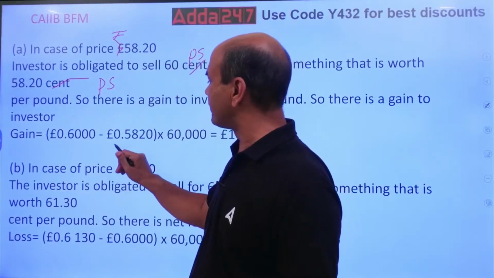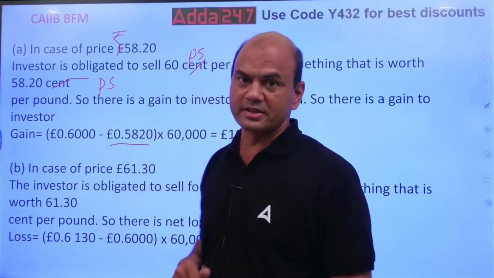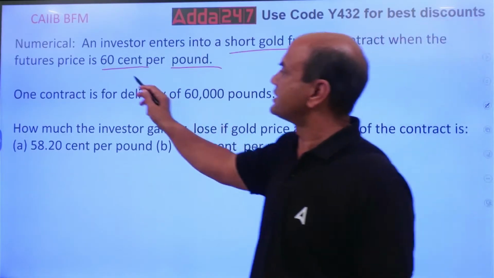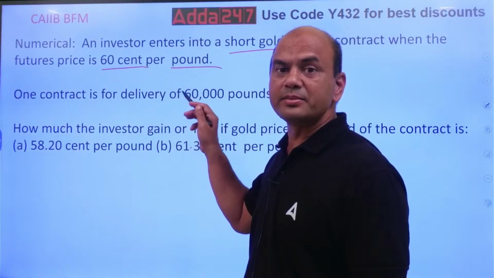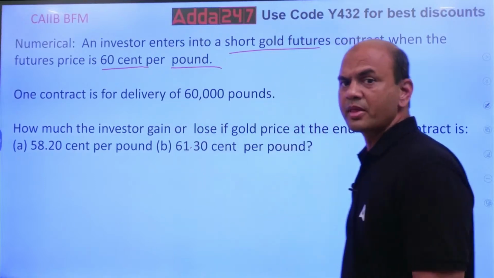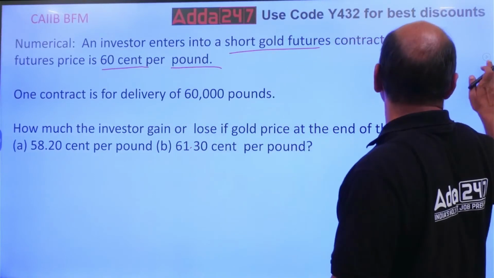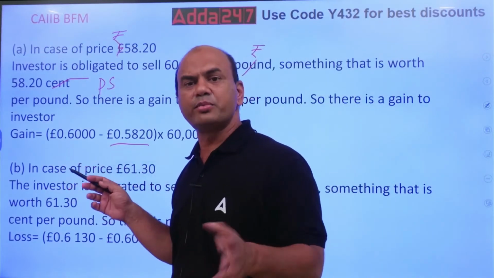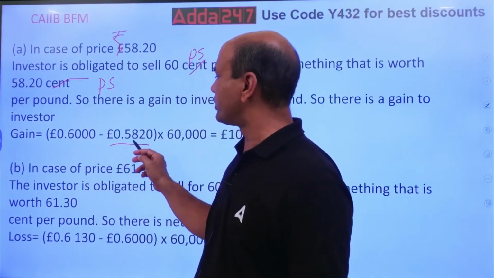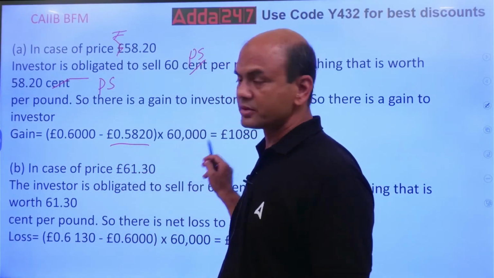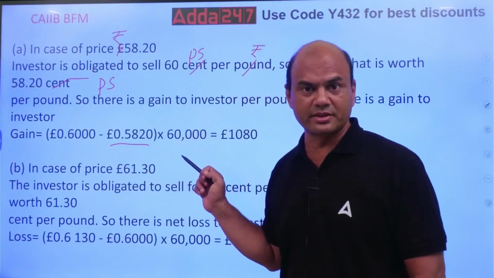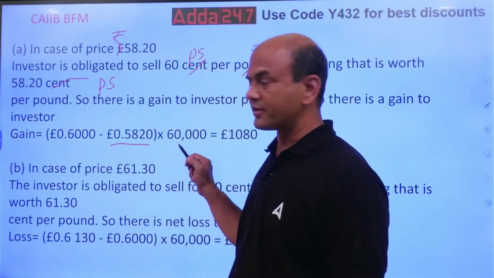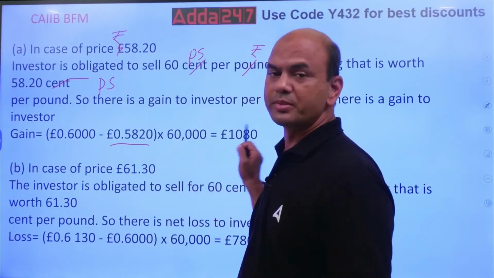The rate given initially is 60 cents per pound, which means 60 paise per rupee, so 0.6. Then 0.6 minus 0.58, multiplied by 60,000 because the total net amount invested is 60,000, equals 1080 rupees.